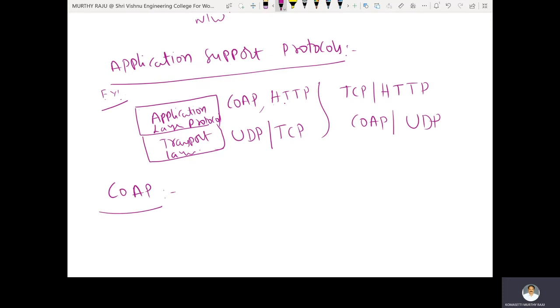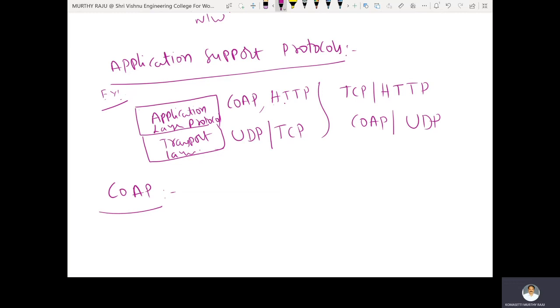COAP is nothing but the constrained application protocol. COAP is an internet utility protocol for constrained gadgets. Constrained means low power, low bandwidth, low memory capacity, and execution capacity is very less.